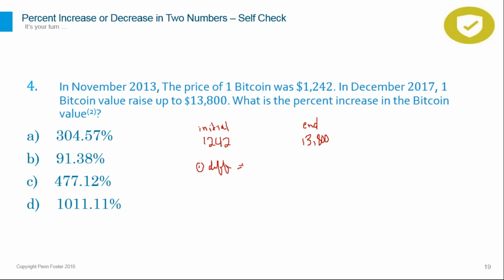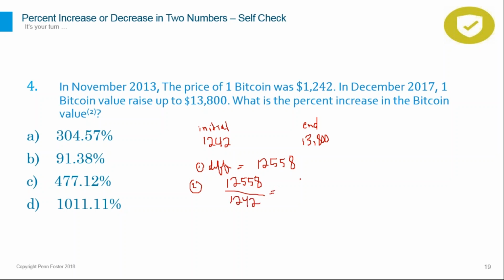To find that, I need to find the difference. After you subtract, it's going to give you $12,558, and then divide the difference that you found by subtraction over the initial value. So the initial value was 1242.